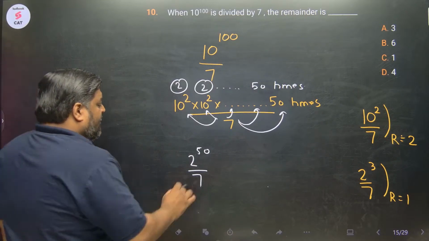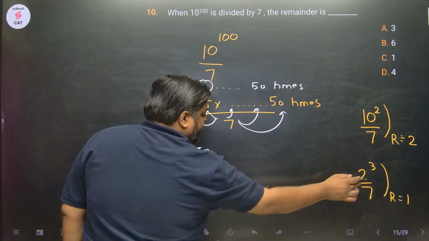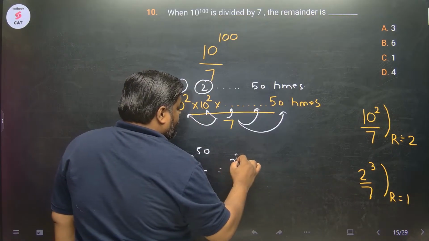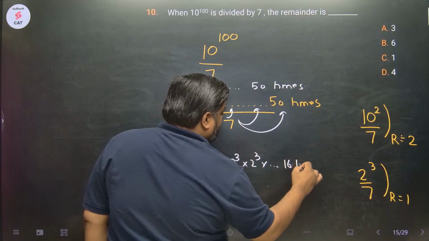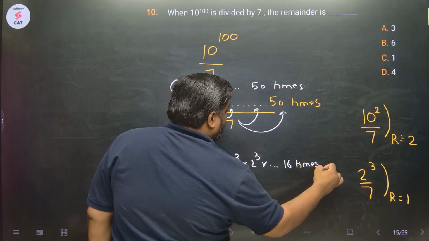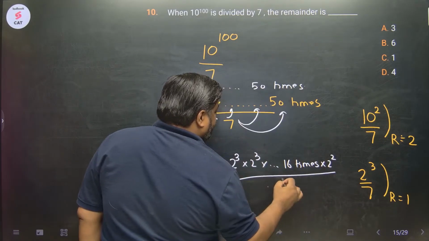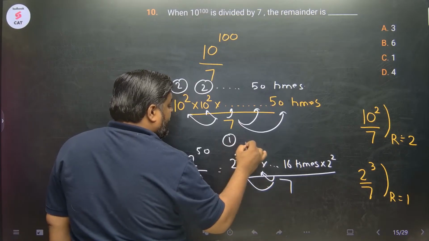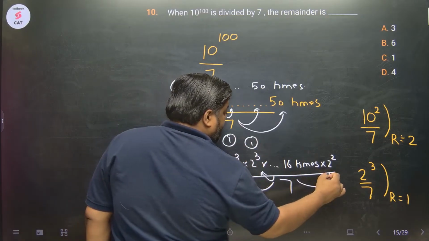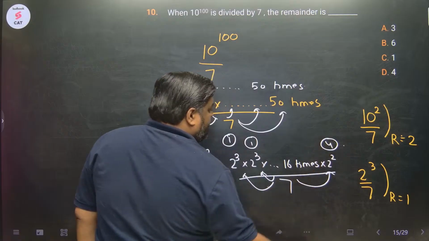Very good. अब देखो 2 cube divided by 7 is 1. So 2 cube into 2 cube, how many times? 16 times. And then you have 2 square left divided by 7. Individually सबके साथ इसका रिमाइंडर क्या है? 1. But 2 square के साथ the remainder is 4.